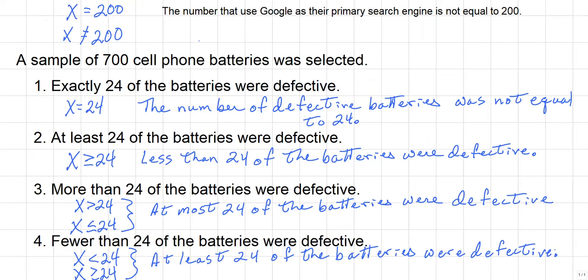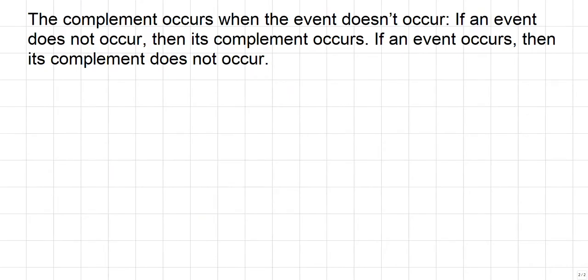And that's simply the complement rule. Now, if we're going to talk about probabilities concerning the complement rule, the complement occurs when the event doesn't occur. If an event does not occur, then its complement occurs. If an event occurs, then its complement does not occur. And what we're going to do is put this into probability notation, which means that the probability that A or A complement occurs must be equal to 1, because one or the other will occur.